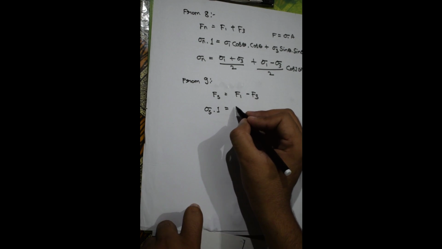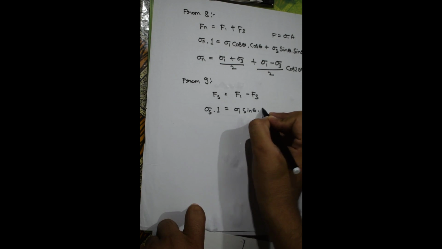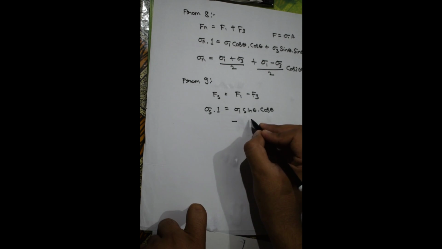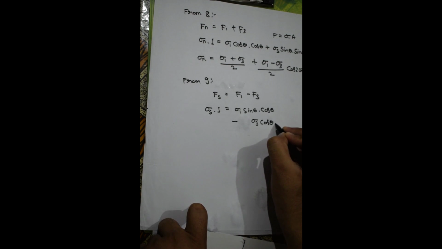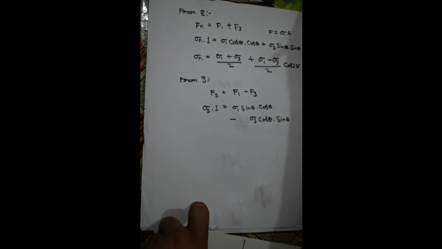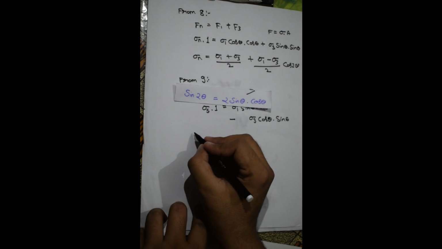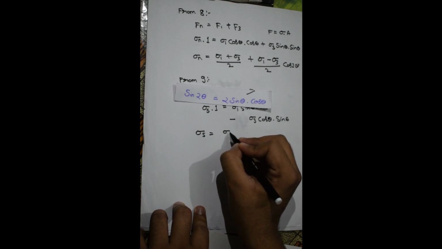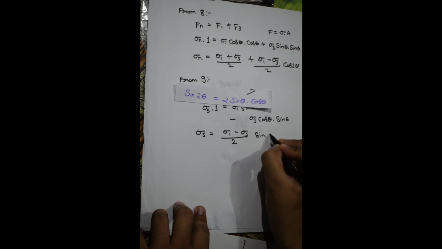Okay, so sigma s equals sigma 1 sine theta multiplied by cos theta minus sigma 3 cos theta multiplied by sine theta. And using the trigonometric equation, we can rewrite this as sigma s is equal to sigma 1 minus sigma 3 upon 2 sine 2 theta.